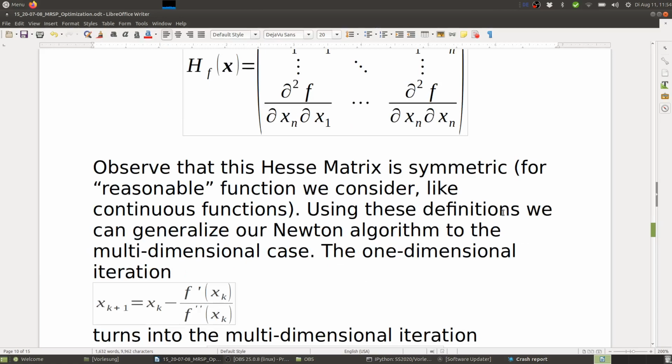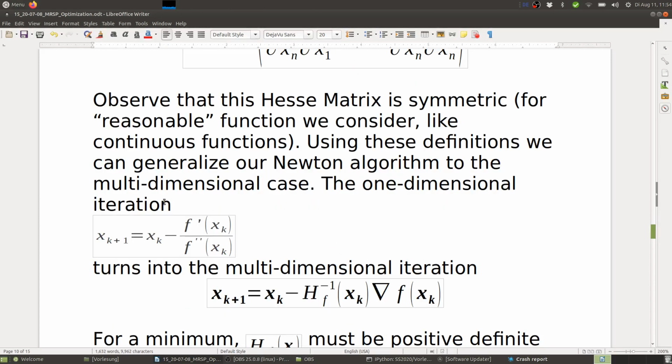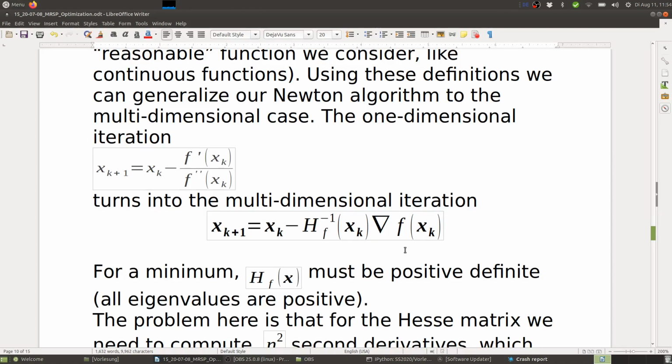Using these definitions, we can now generalize our Newton algorithm to the multidimensional case. The one-dimensional iteration, this one that we just saw, turns into the multidimensional iteration, where instead of a division by the second derivative, we now have this fraction, because it doesn't make sense to say whether it comes from the left-hand side or the right-hand side.